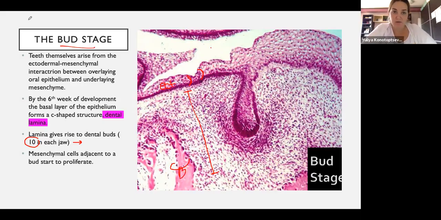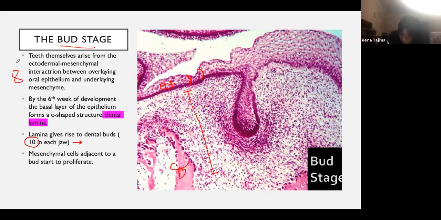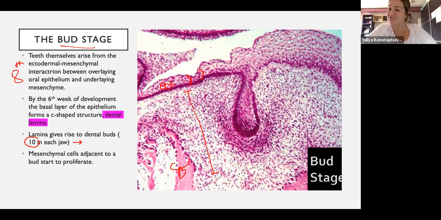So what do you see? From the 8th week of development, some of the mesenchyme is already starting to differentiate into bone. So this is the future bone of the mandible. How do we call this structure? This is the dental bud. All of this tissue is ectoderm inside of the mesenchyme, creating this dental bud.